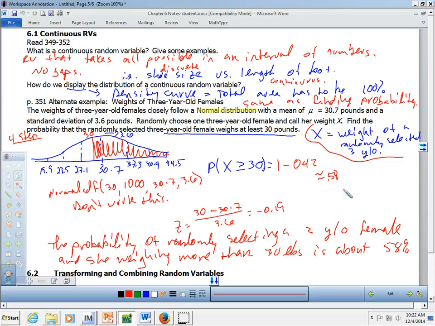But we don't do that. They can weigh in between two different pounds, 31 or 32 pounds. They could fall in between there. So this is continuous. And so this is how we would find probabilities using a continuous random variable. And it does involve our normal curve distributions. Okay? Hopefully that made enough sense.